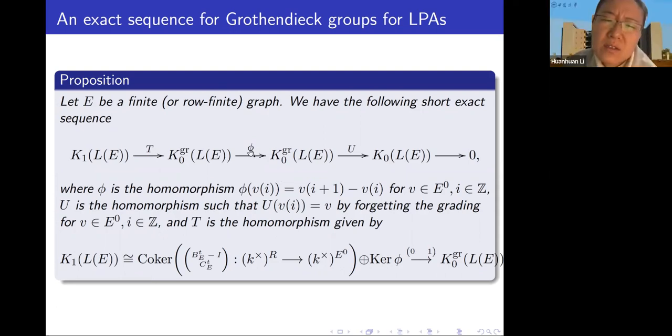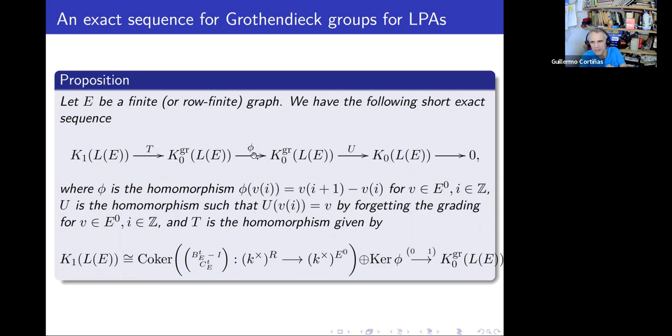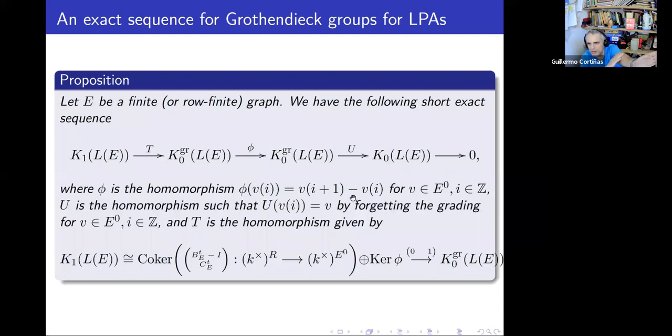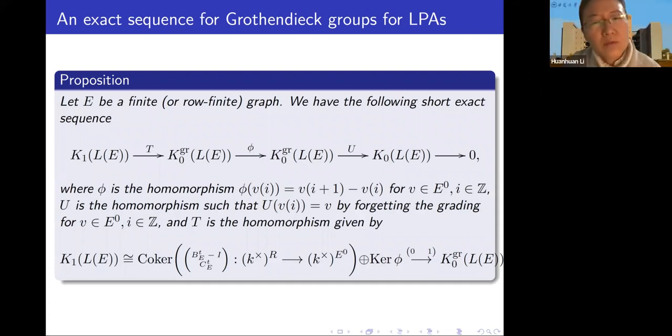Phi is the action of the integers minus the identity. Oh, yeah, and that also appears in Van den Bergh's sequence. Yeah, for the strongly graded case they might also have that, but I don't know the specific relation with the strongly graded case.